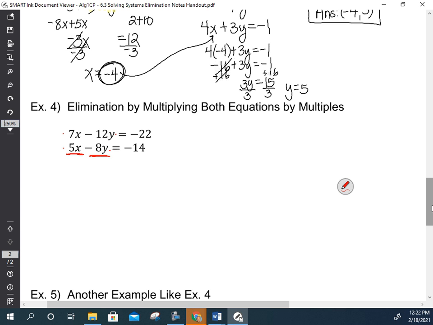The numbers are not the same, and they're not different signs. Same number, no. Different signs, no. Are they multiples of each other?